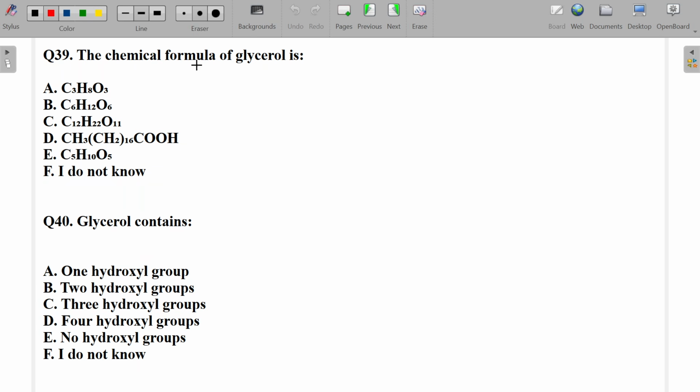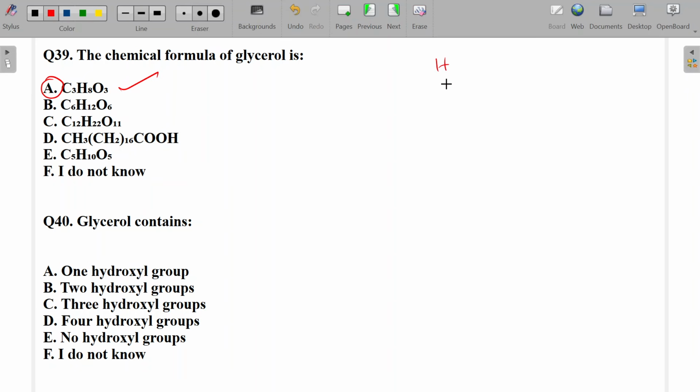Question 39. The chemical formula of glycerol is A, C3H8O3, B, C6H12O6, C, C12H22O11, D, this is stearic acid. E, C5H10O5, F, I do not know. A. Yes, it is A. Okay, correct.